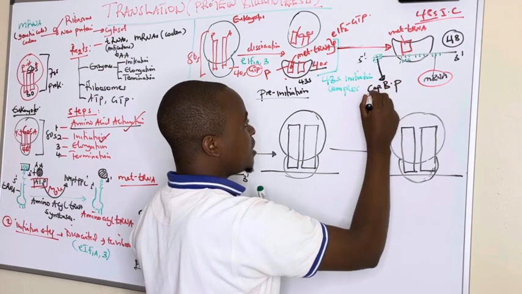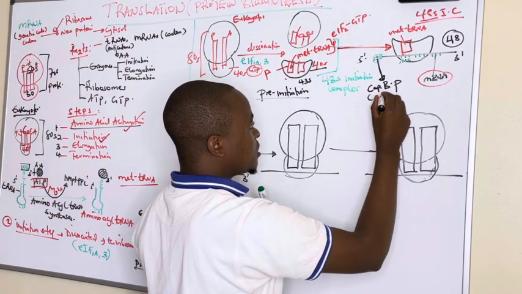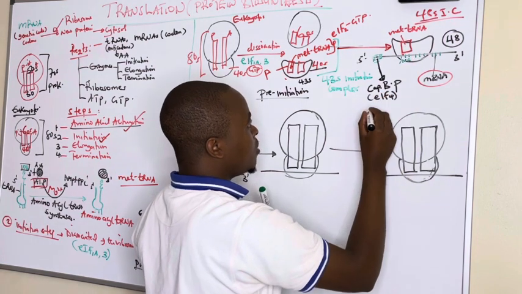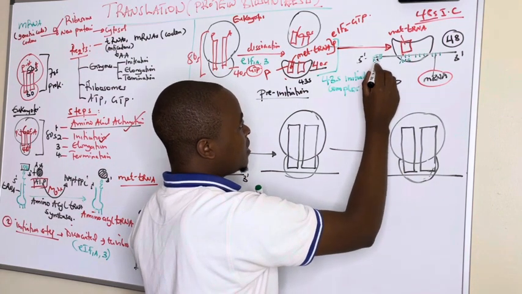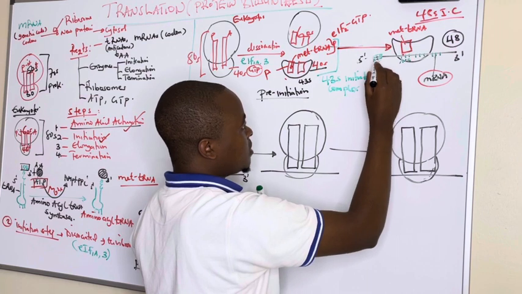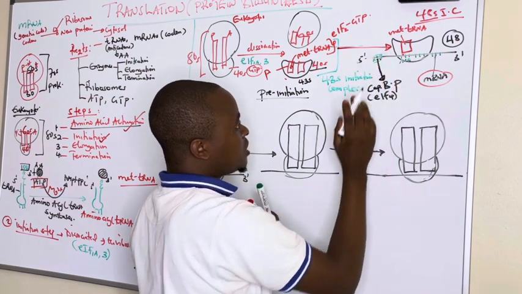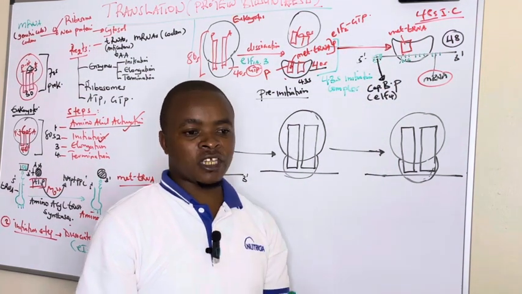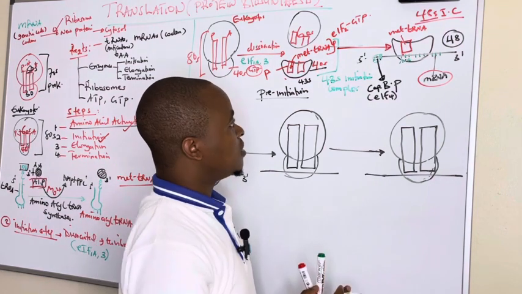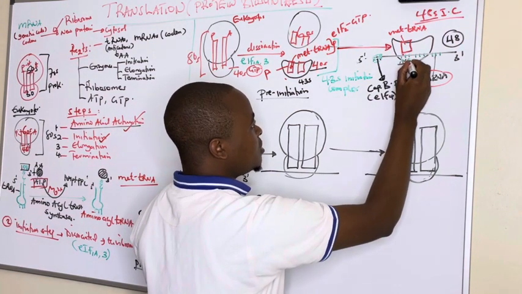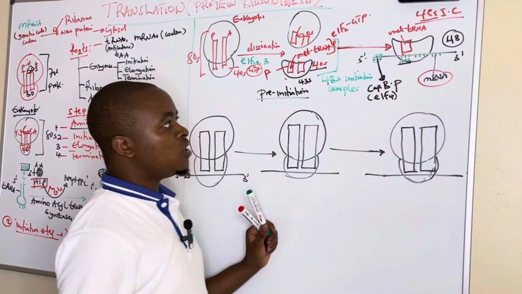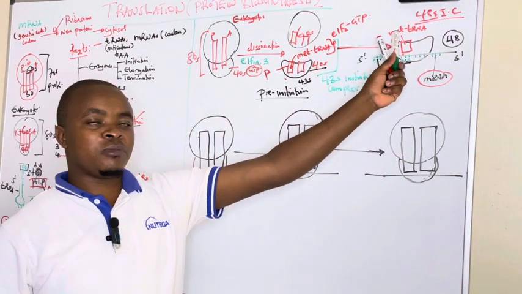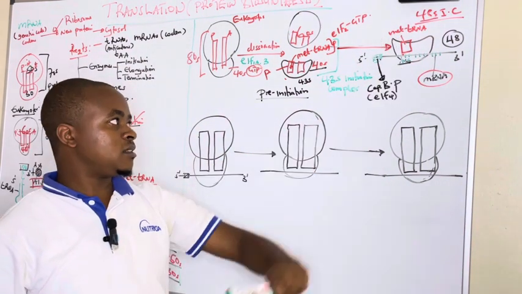Cap binding protein, or you can call it eukaryotic initiation factor 4, recognizes the nucleotide sequence in the cap site, which is a pre-initiation factor for recognition of AUG. And we see here there is AUG, which is the first codon that codes for the amino acid methionine.